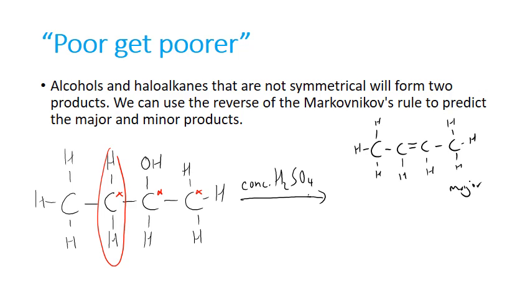If, on the other hand, we remove the hydrogen from this carbon here, where there's more, so that's the richer one, that only occurs when we make the minor product. So that will make butene, like so.